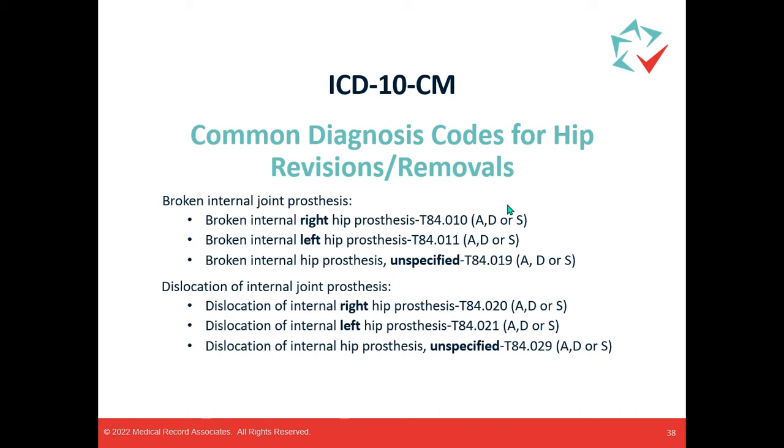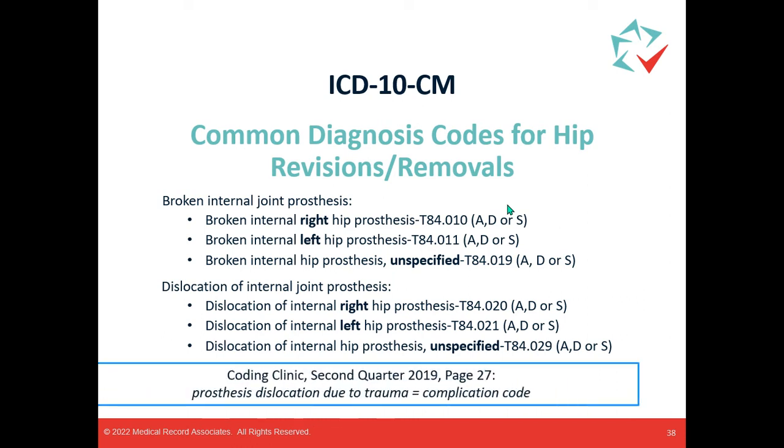A broken or dislocated joint prosthesis, those codes will be found in the T84 category, and those are complication codes. Now, according to Coding Clinic, second quarter 2019, a dislocation of a hip prosthesis that has occurred due to a traumatic fall is still coded to a complication of the device, not to an injury code.